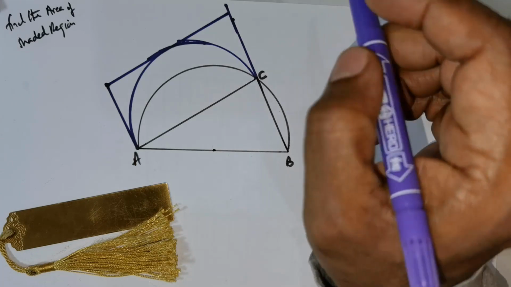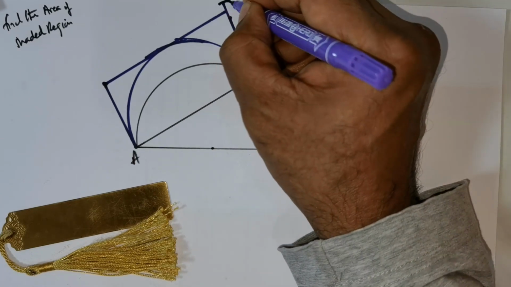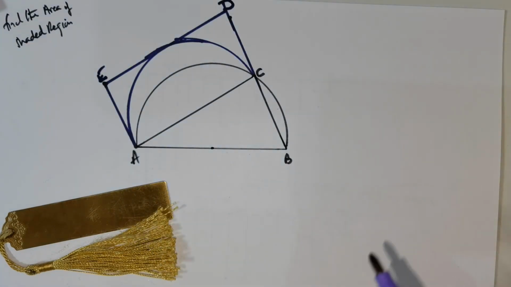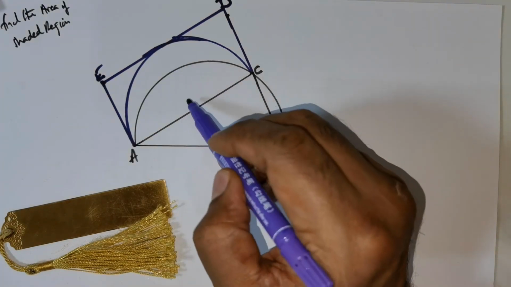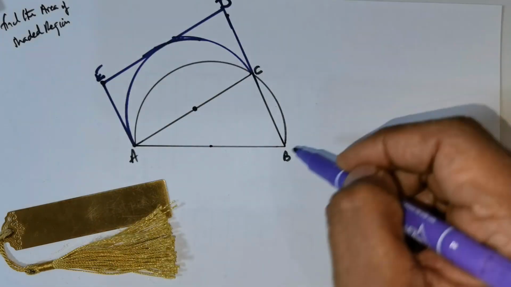There is a rectangle there. Now let me name this as DE. Okay, so this is the center of the violet circle.